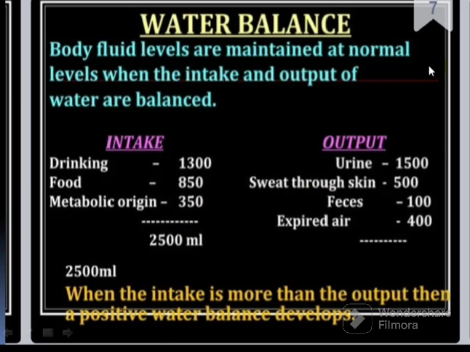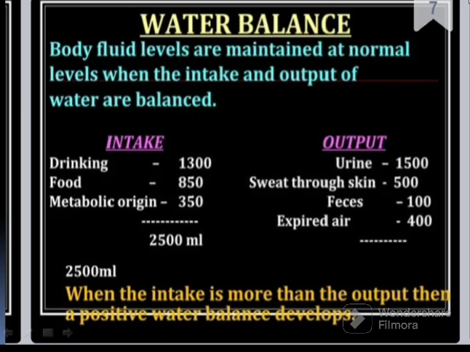Alright? Now, water balance simply refers to the maintenance of body water content under normal physiological limits or condition. Okay? How does water get into the body? They are all highlighted on this slide. How does water get into the body?